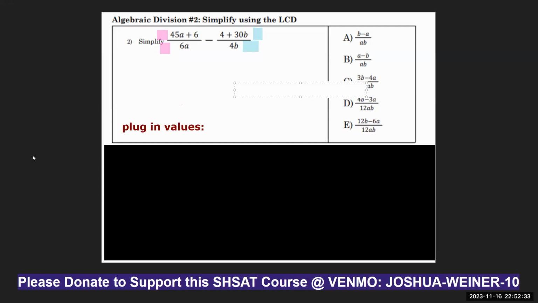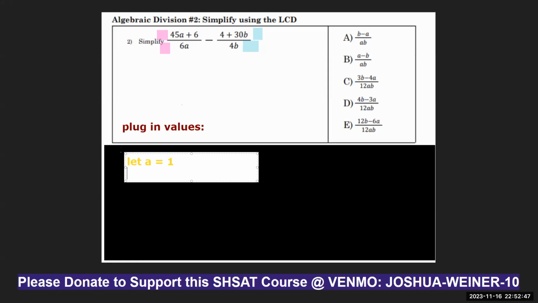So I'm going to pick a value for A and a value for B. So let's say let A equal 1. And then let B equal 2.